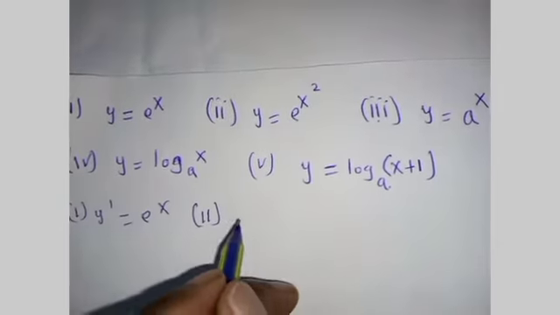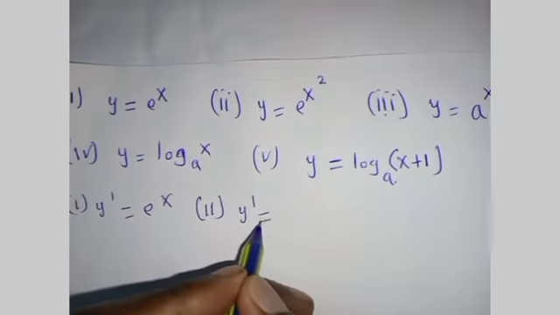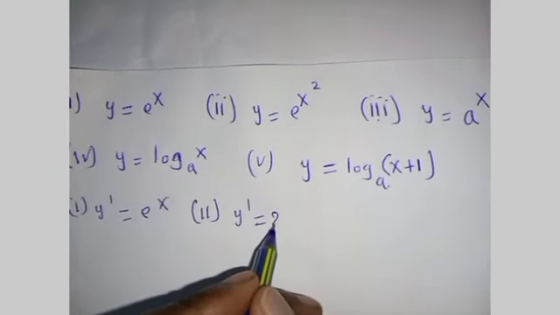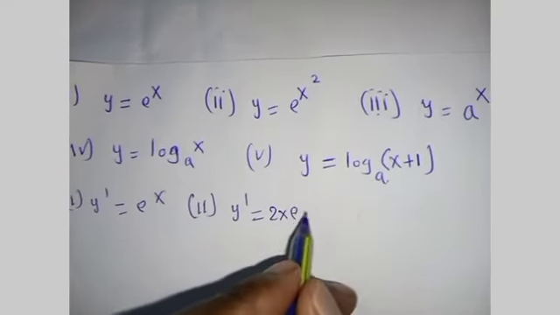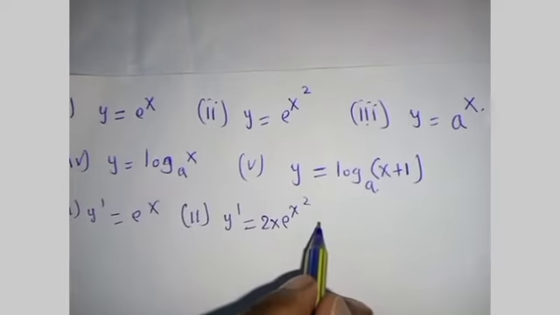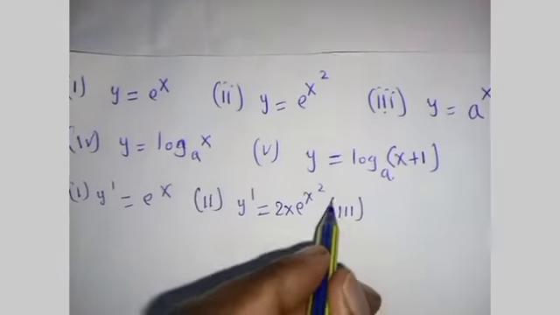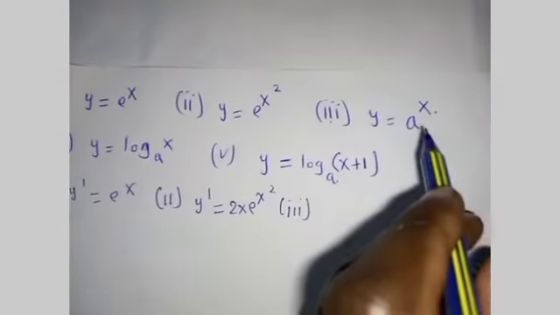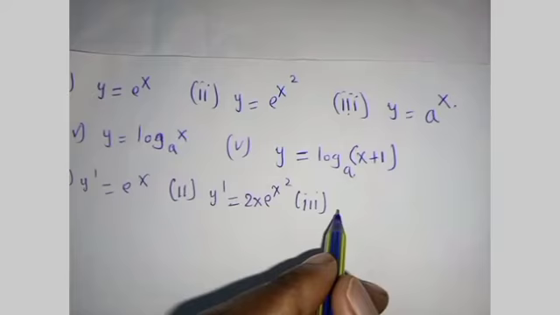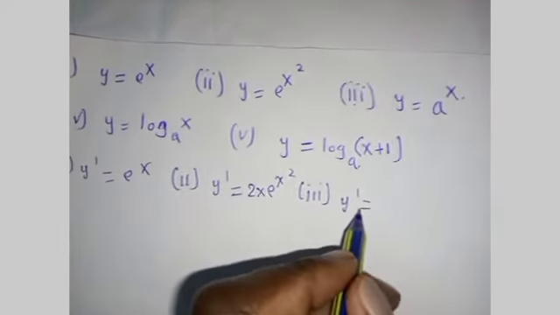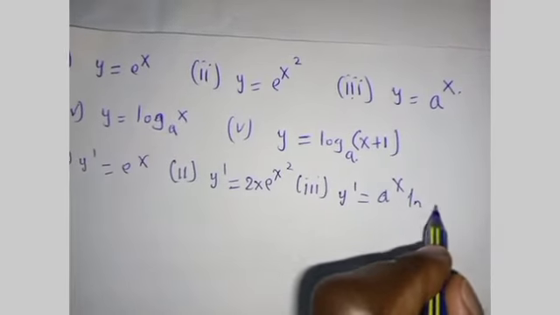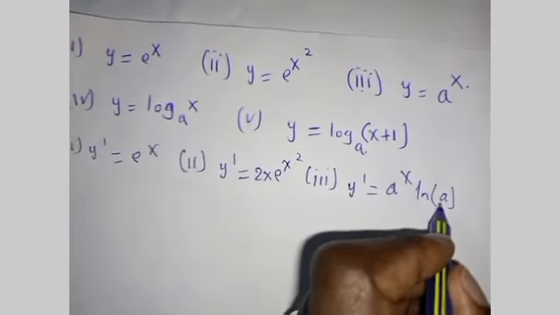Part 2: y prime will be equal to, you differentiate 2x squared, which gives you 2x, multiplied by e power 2x squared. Roman 3: a power x. So y prime will give us a power x ln of a. So as simple as that.